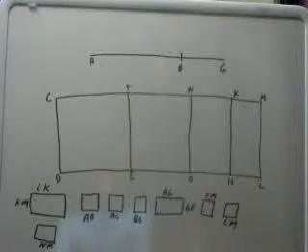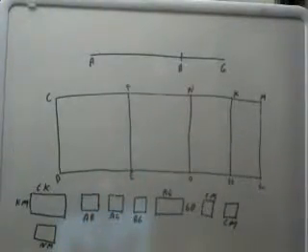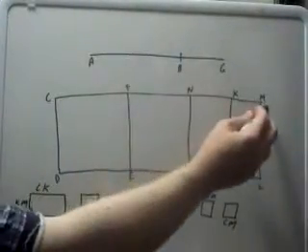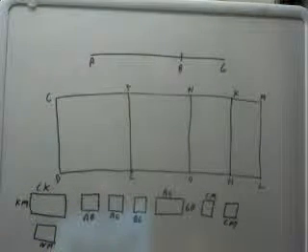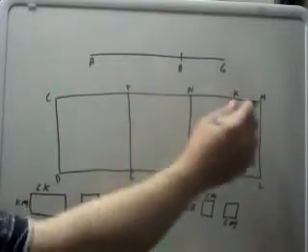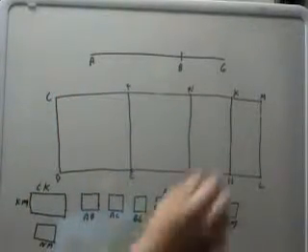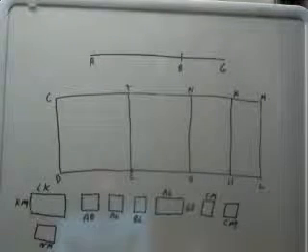But as CL is to FL, as this, and this is to this, and this, so is CM to MF. That's by Euclid Book 6, proposition number 1. Therefore, CM, right here, is incommensurable with MF. That's by Euclid Book 10, proposition number 2.